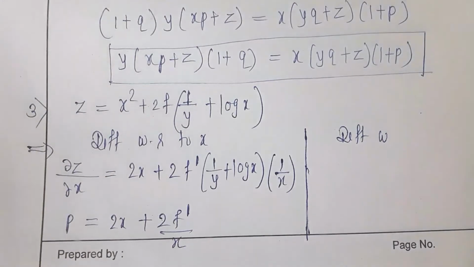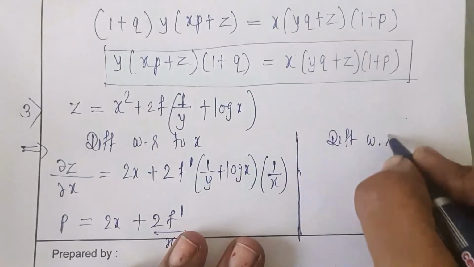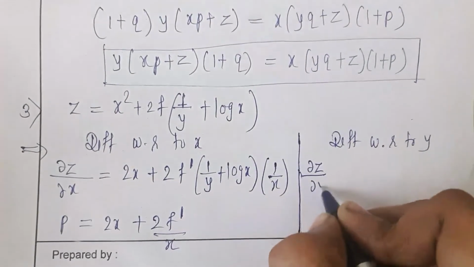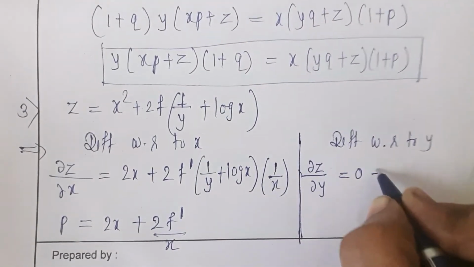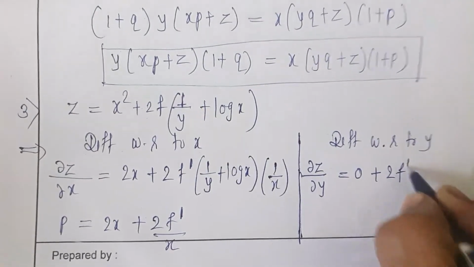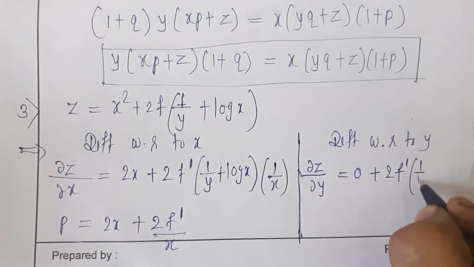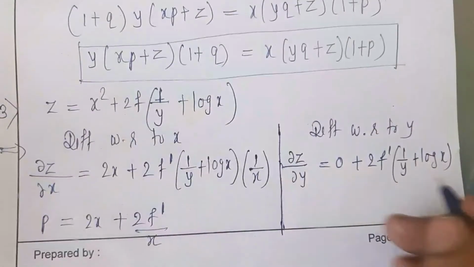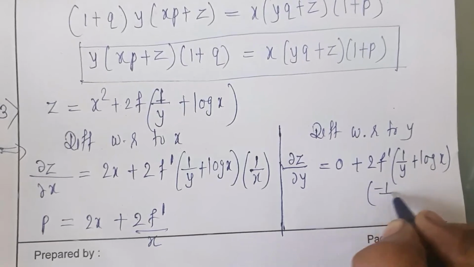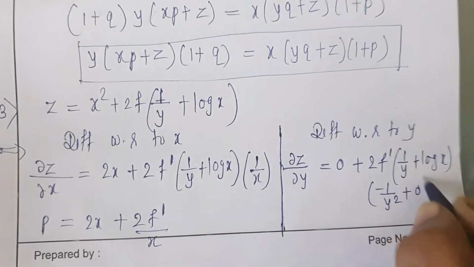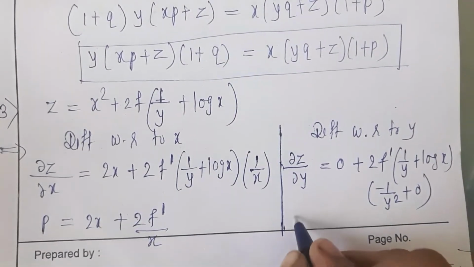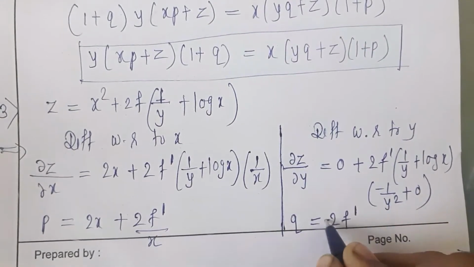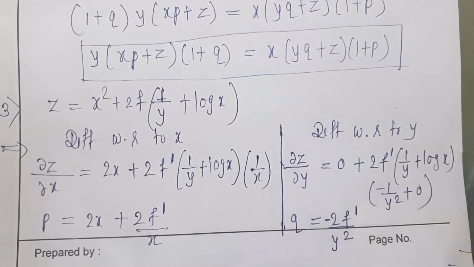So del z by del y is equal to the derivative of x square, which is 0, plus 2 into f dash of (1 by y plus log of x) multiplied by the derivative of 1 by y with respect to y, which is minus 1 upon y square, and the derivative of log x becomes 0. So q is equal to 2 f dash with negative sign divided by y square.